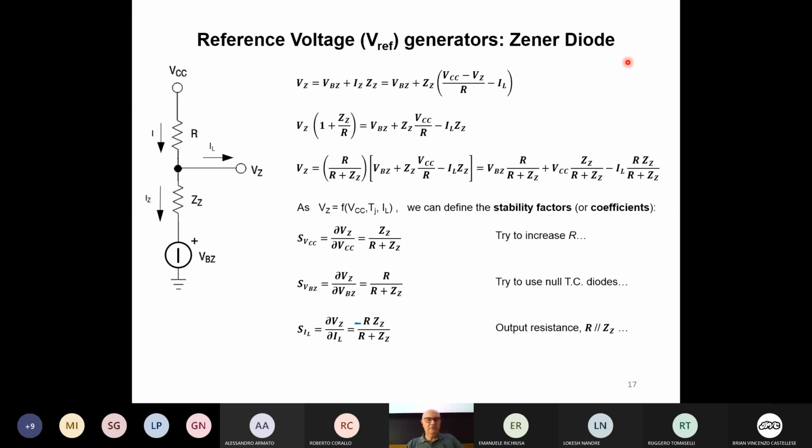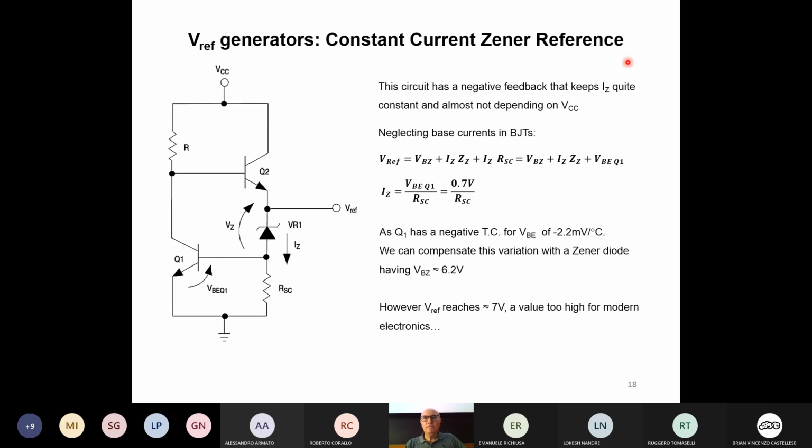Okay, so I think we went through most of this slide. Okay, so we can examine a slightly different circuit.